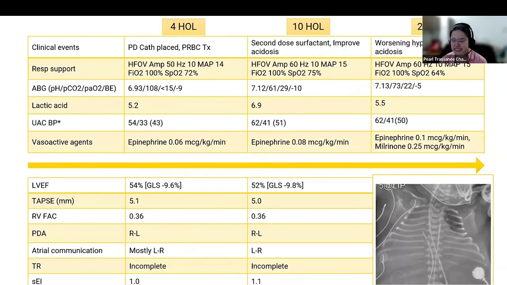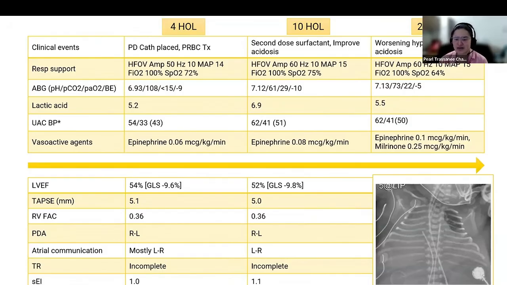Following the initial assessment, inhaled nitric oxide was discontinued, and this infant was started on epinephrine infusion as well as lung optimization therapy, and correction of metabolic acidosis was performed.